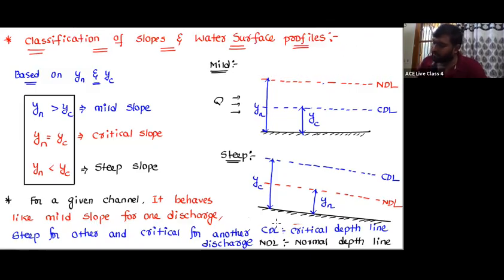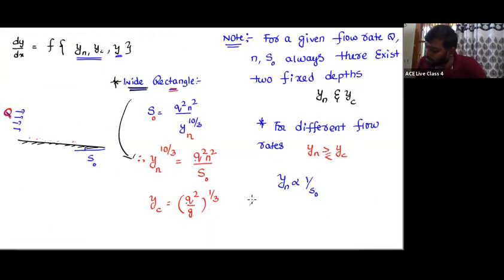So here we have the CDL and NDL. Now, based upon the y value, let's come to this point. Look, yn and yc are fixed depths, but the flow depth is going to be a variable depth.